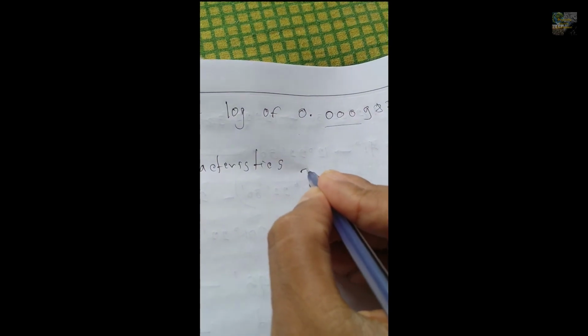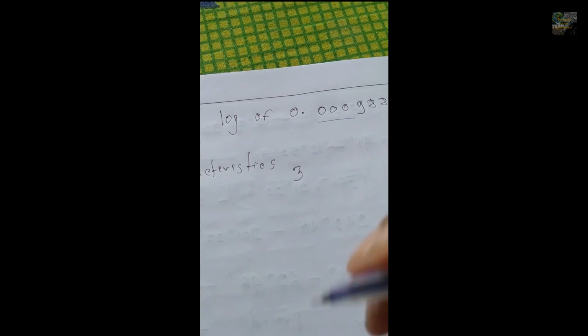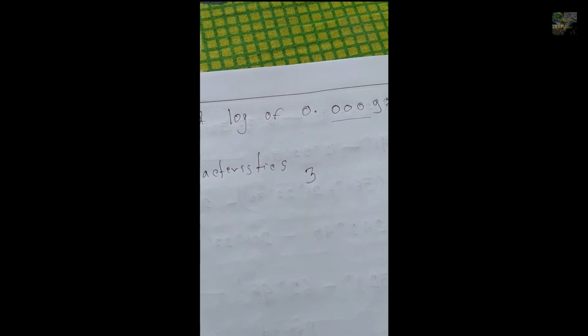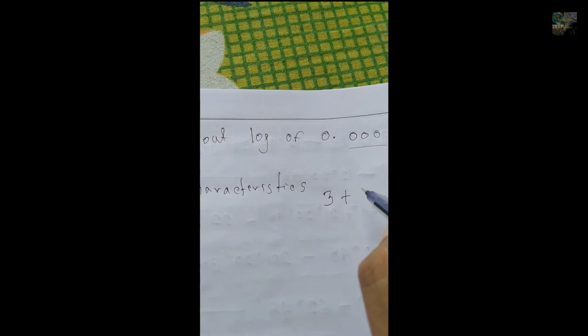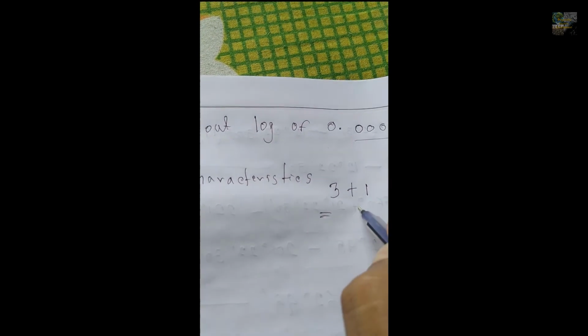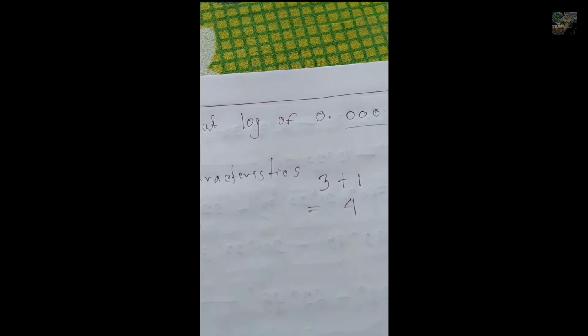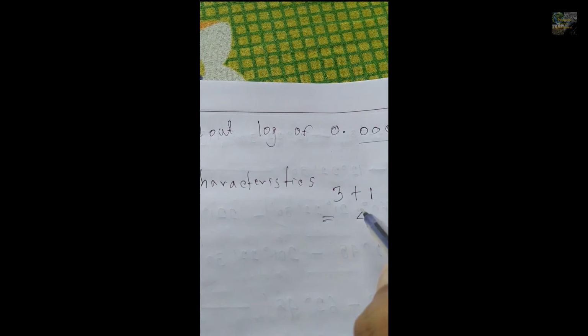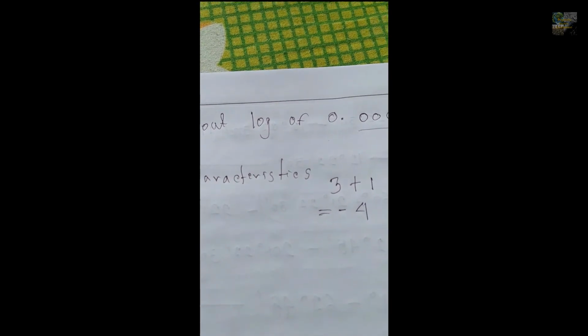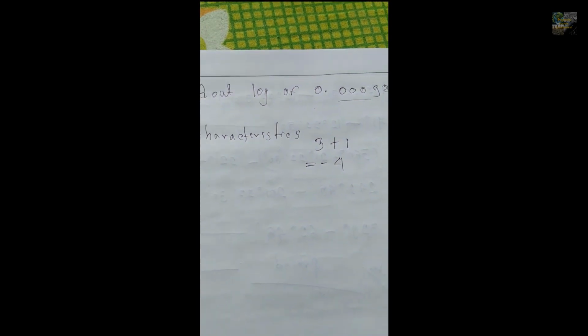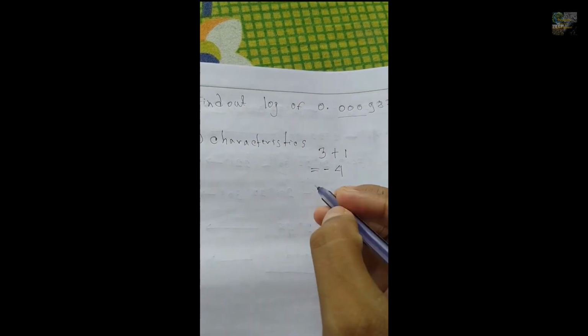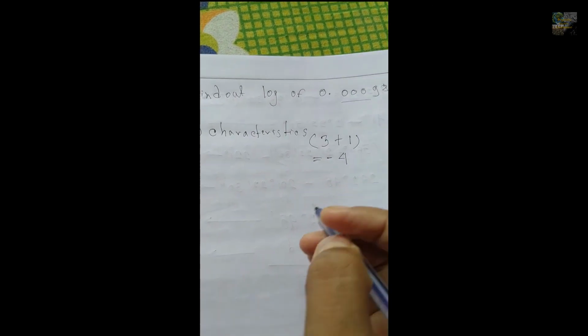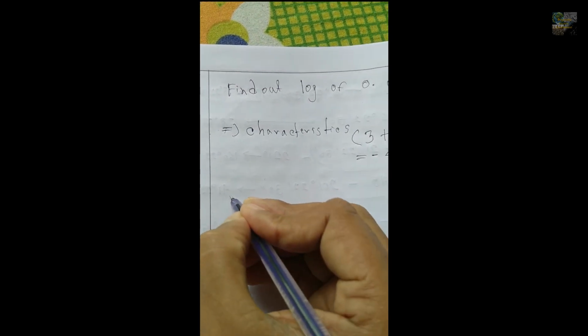So that's why I have to write 3. And in this case we add 1, so 3 plus 1, and we have to write 4. And because this is a negative characteristic, we have to write minus 4. So the characteristics is minus 4.